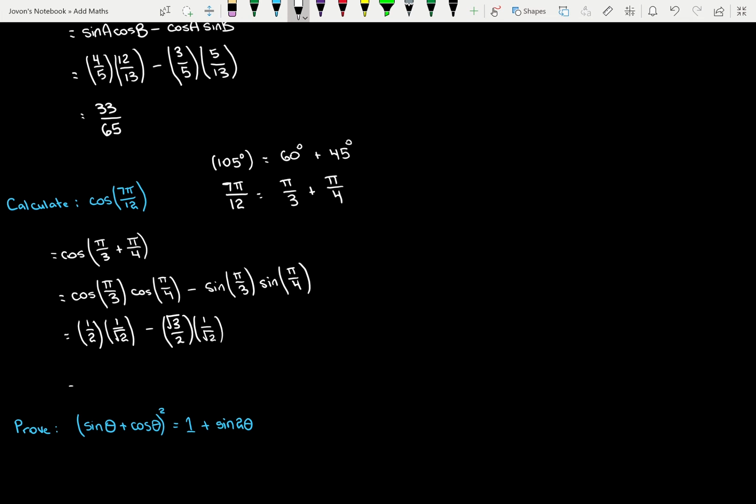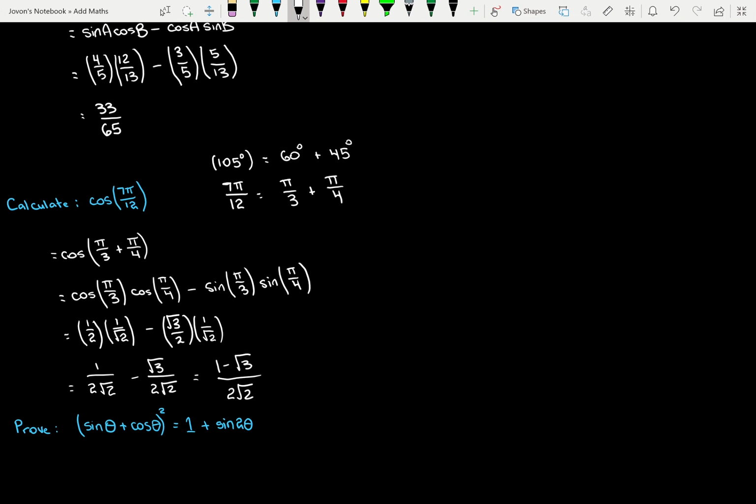So this is 1 over 2 root 2 minus root 3 over 2 root 2, which is the same as 1 minus root 3 over 2 root 2. And that's the answer.